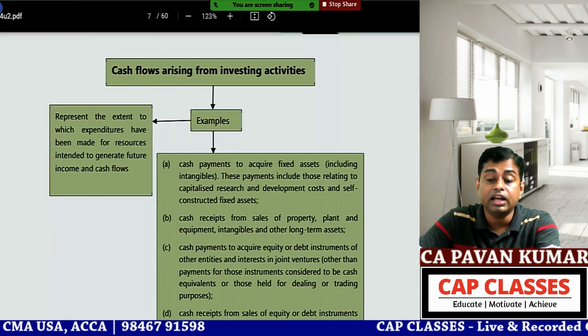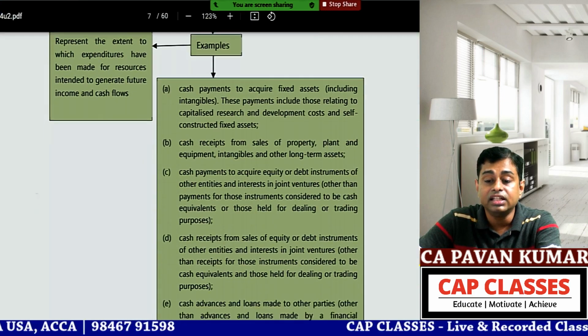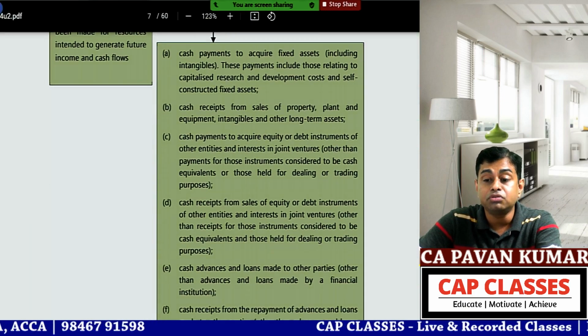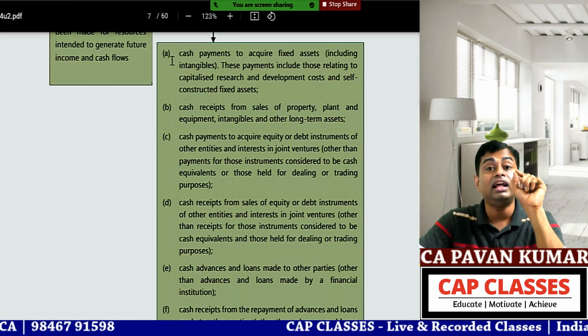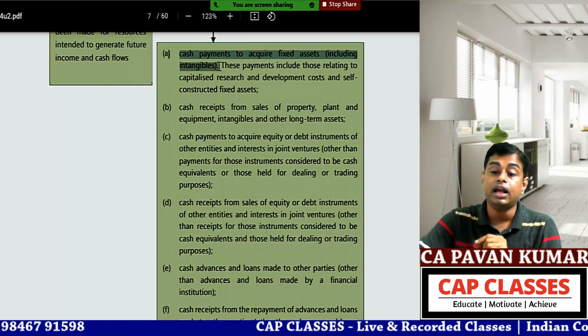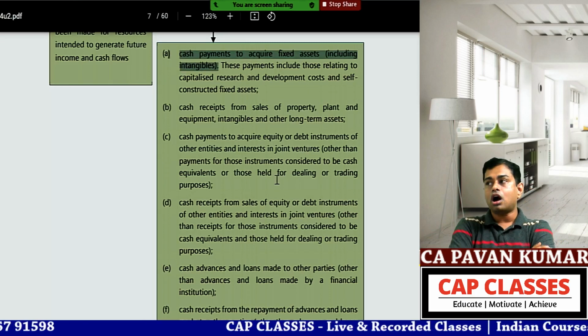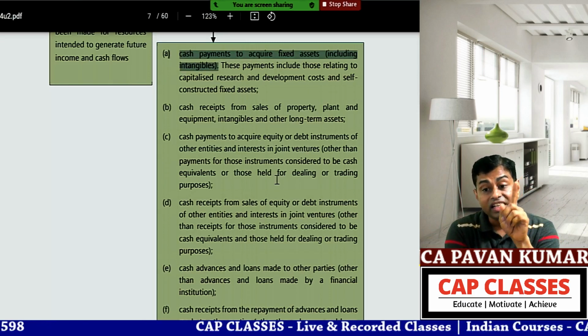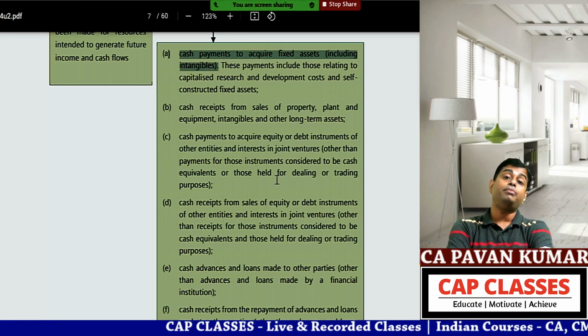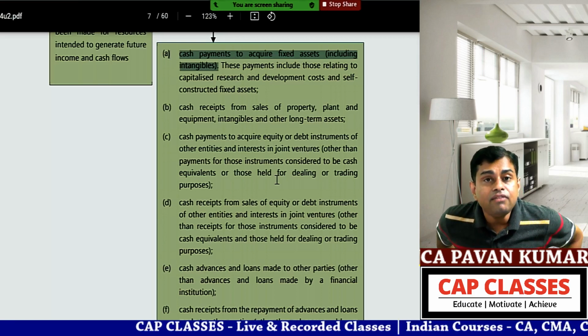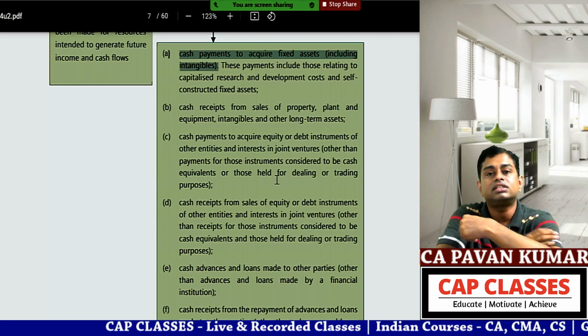Now what are investing activities? Read this list. Cash payments to acquire fixed asset including intangibles. Oh my god. Including research and development activity capitalized, including self-constructed fixed assets.